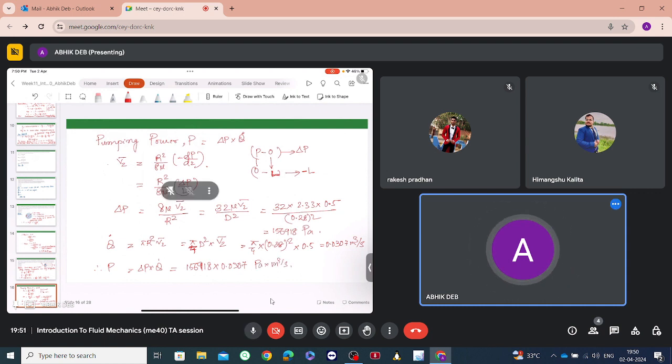That is joule per second, or watt. So this is actually 4831.13 watt, or nearly equal to 4.83 kilowatt. That is option number D.